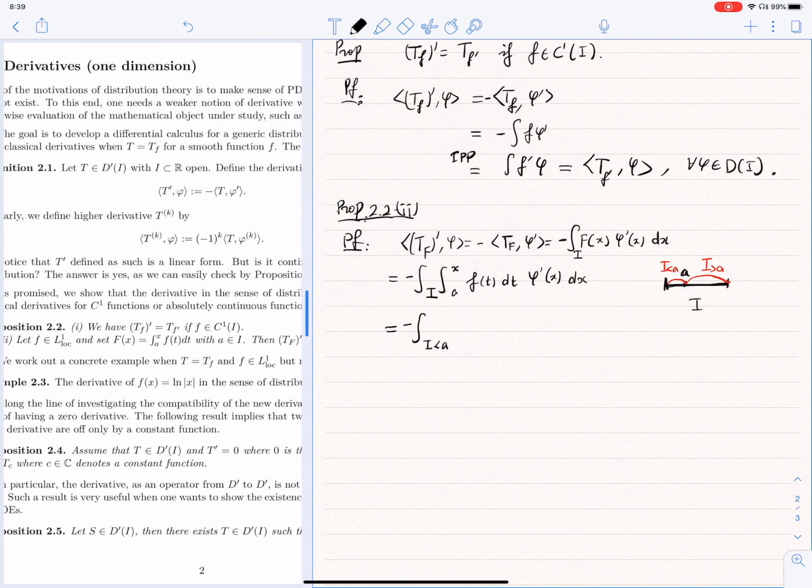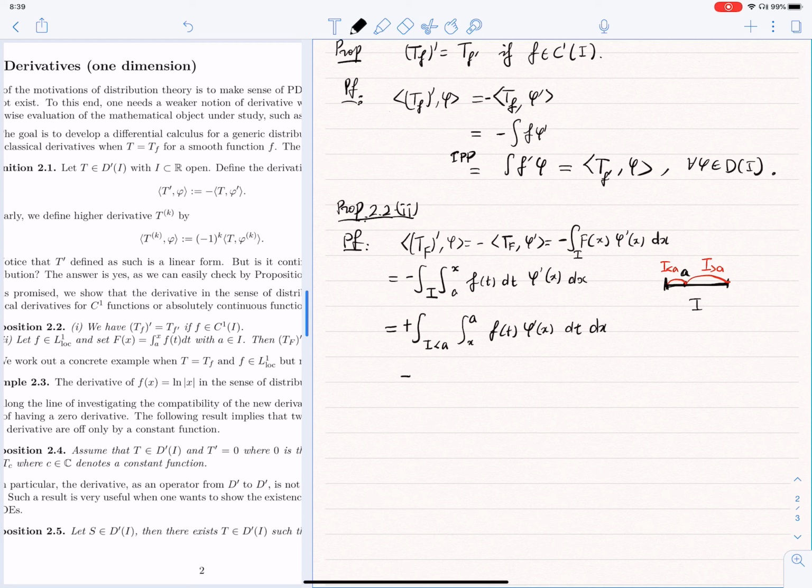When x is in I less than a, x is smaller than a, so we actually consider the interval from x to a. We change the sign to plus, and we have the integral of f(t) phi prime(x) dt dx.